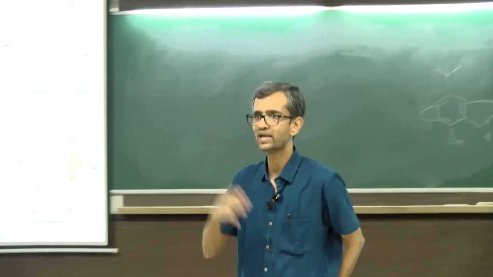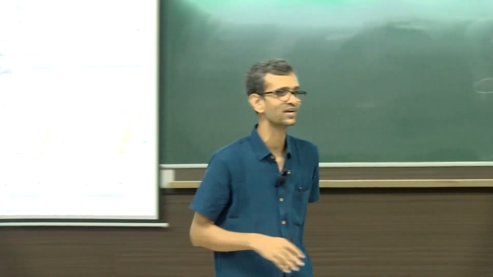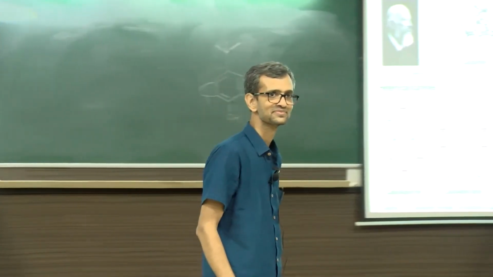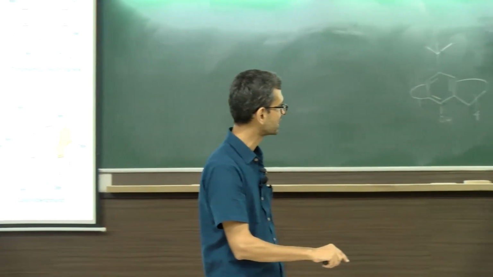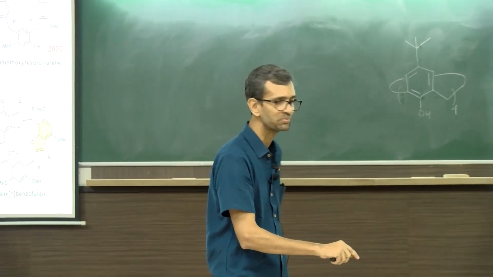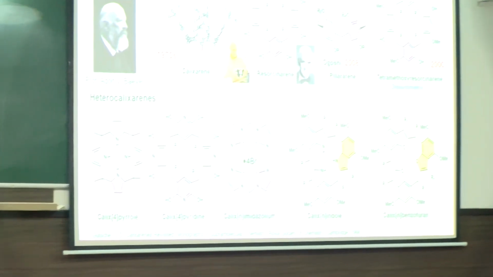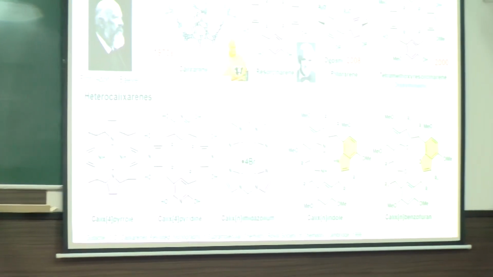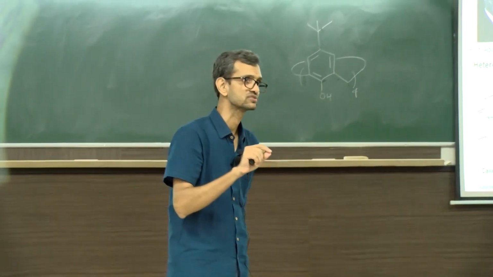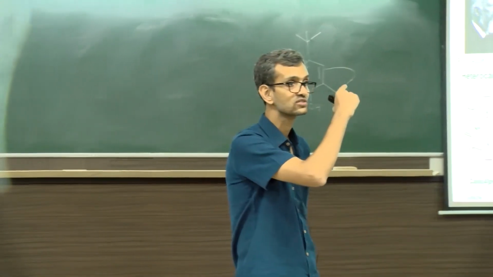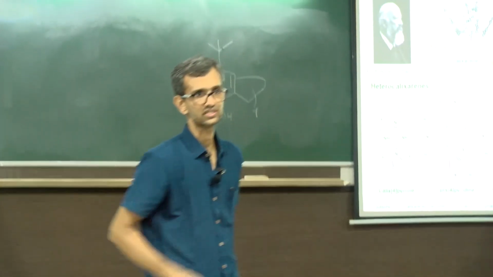You can also replace all the aromatic units using heteroaromatic units. You can talk about pyrroles, pyridines, imidazolium, indole, benzofurans, so on and so forth. People have made a lot of these. The good thing with these heteroaromatic units is that they can sense anions instead of the cations that you had with the other macrocycles.